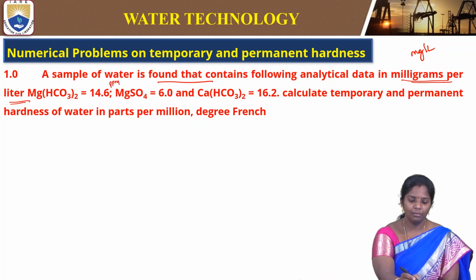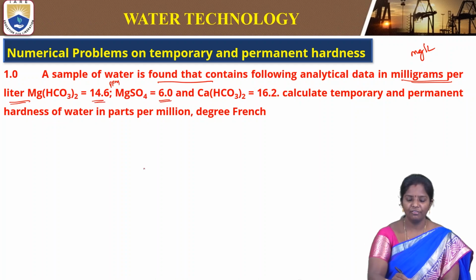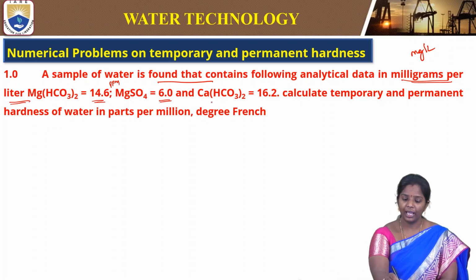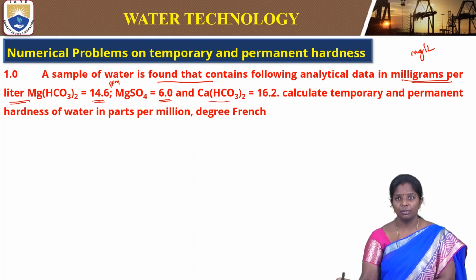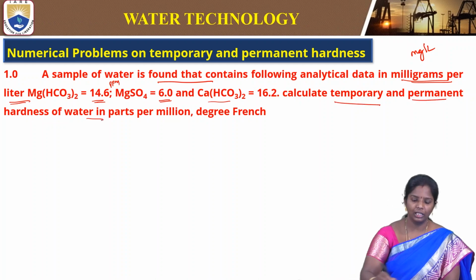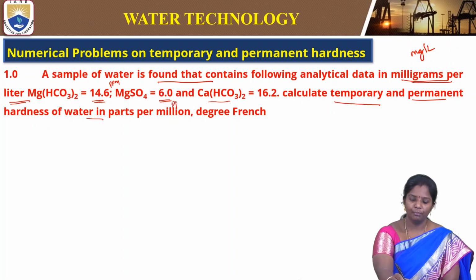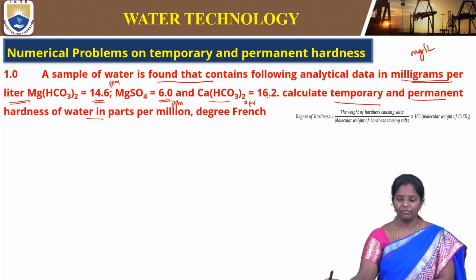Magnesium bicarbonate is 14.6, magnesium sulfate is 6 ppm, and calcium bicarbonate is 16.2 ppm. What we have to do is calculate the temporary and permanent hardness of water in parts per million and degree French.